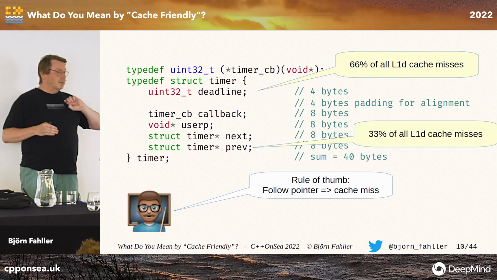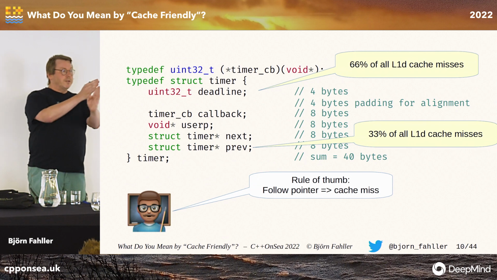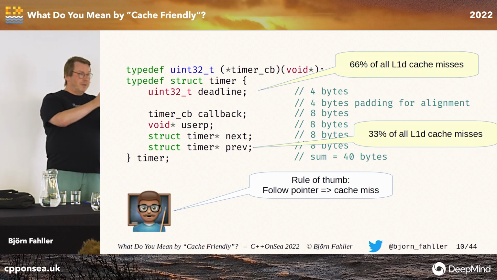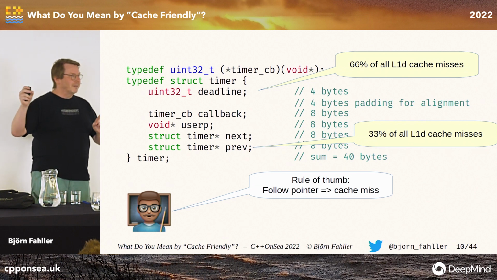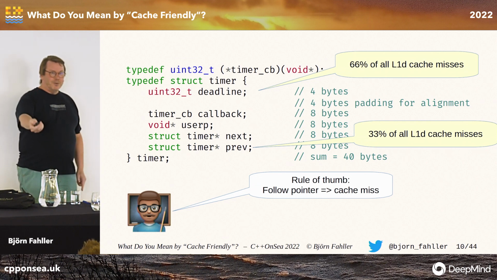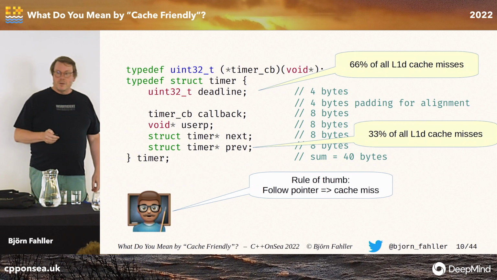But if, say, this timer's address is halfway into a cache line, then we get a miss for reading that one, and then we get to prev, and that is just after the cache line. So we need to read that one from main memory too, so it's a second cache miss. So that is also a thing.